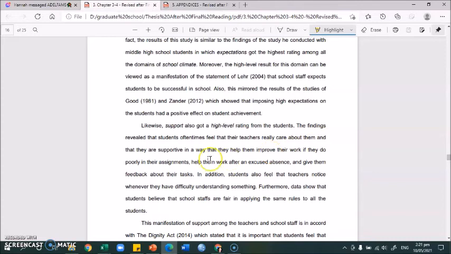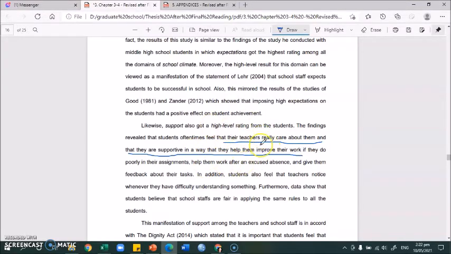So, oftentimes feel that their teachers really care about them and that they are supportive in a way that they help them improve their work. Okay? So, this item right here, their teachers really care about them and that they are supportive in a way that they help them improve their work.